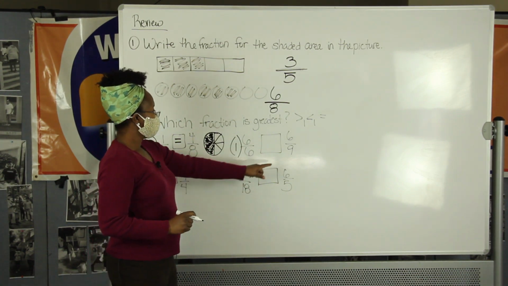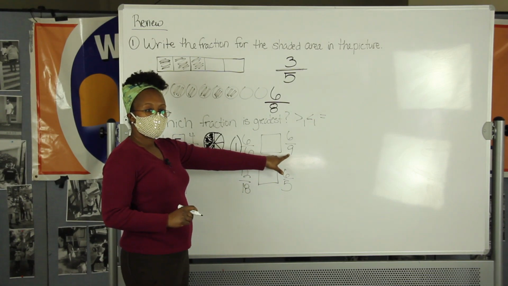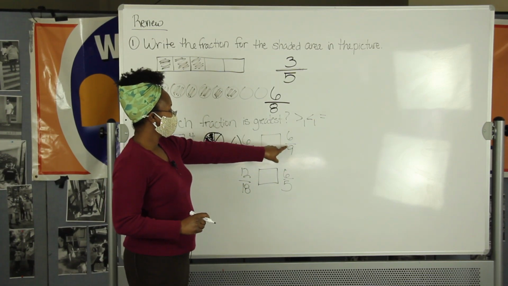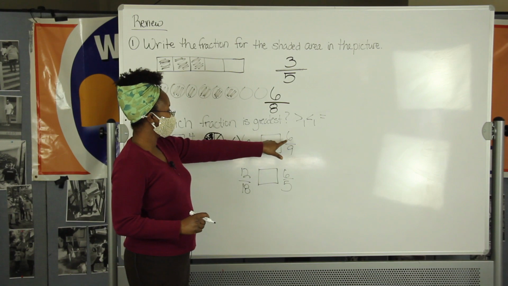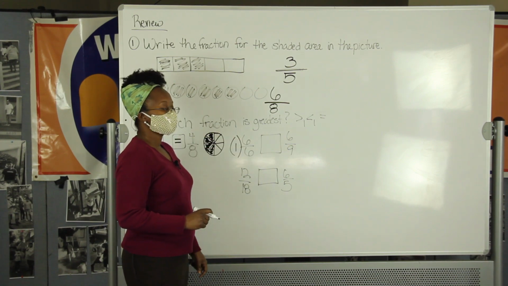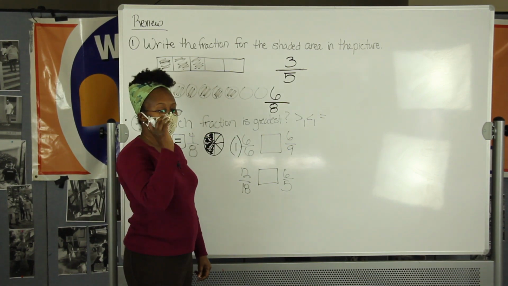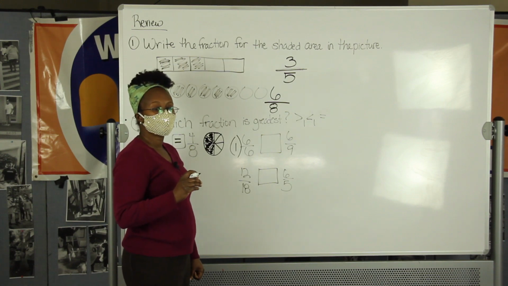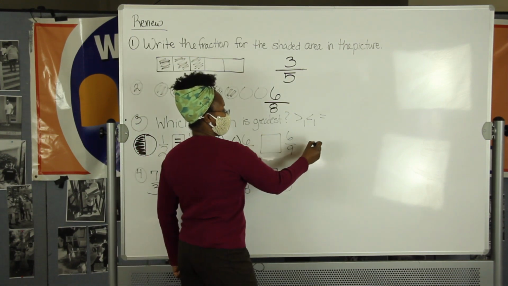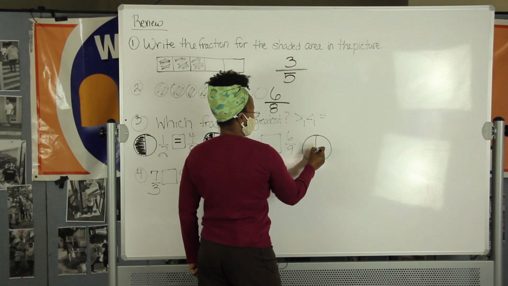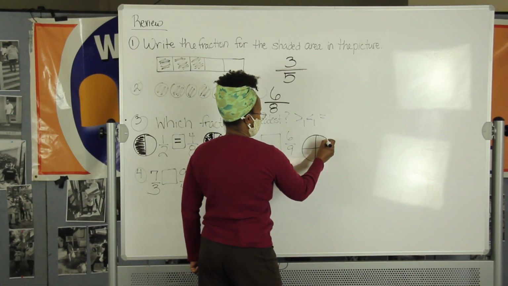Now, when you have the denominator bigger than the numerator, the fraction is always going to be less than 1. So just think if you had 9 pieces. It's going to be hard for me to draw 9 pieces, but I'm going to try.